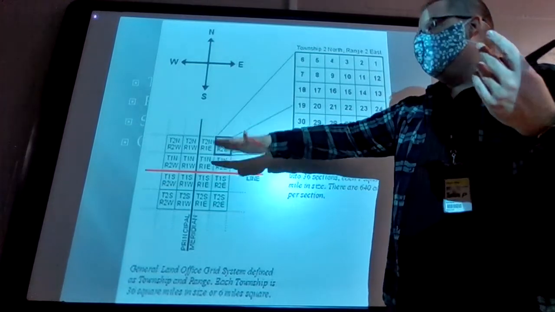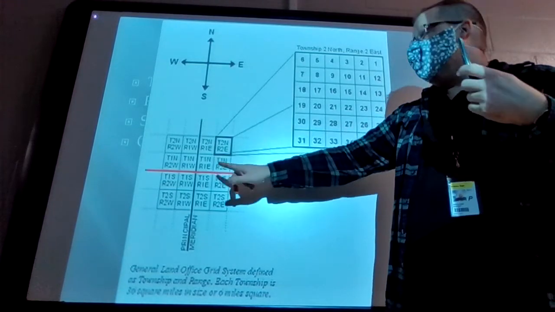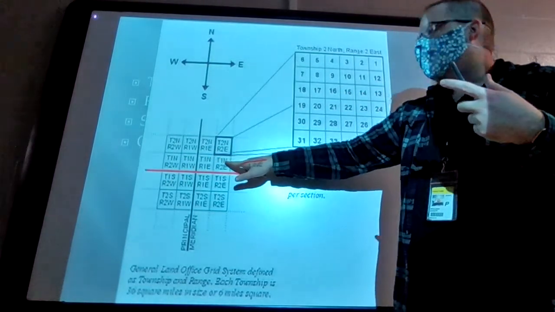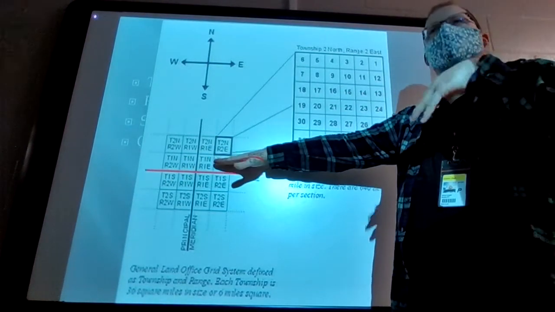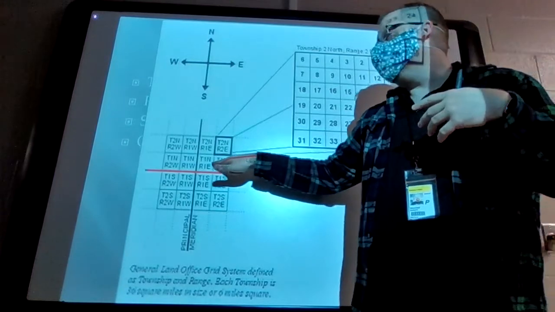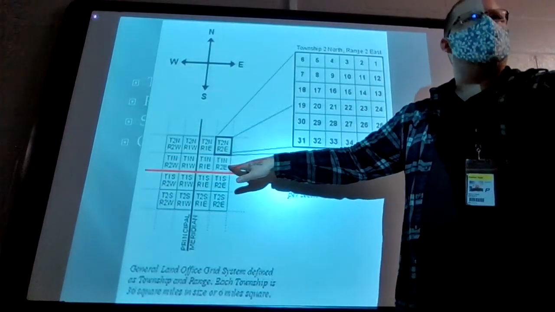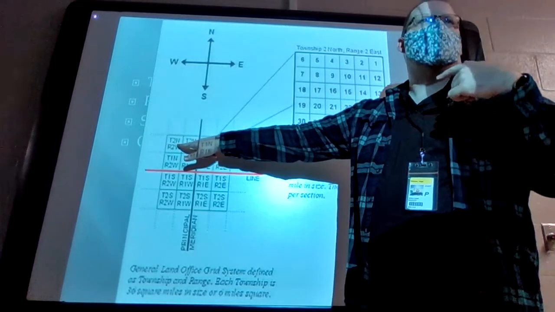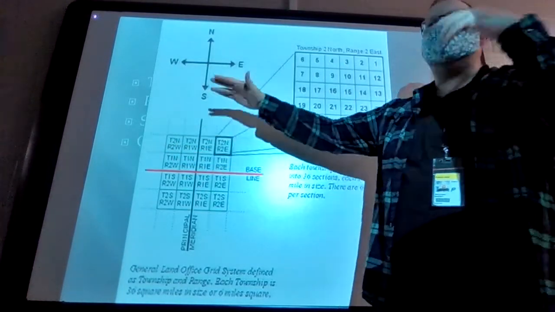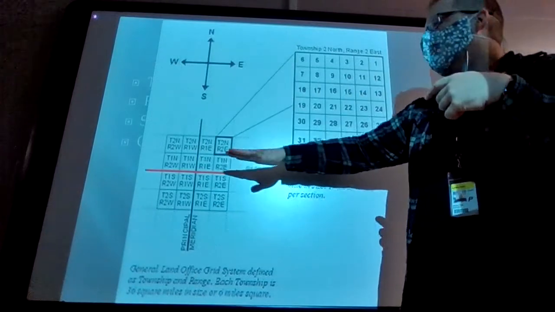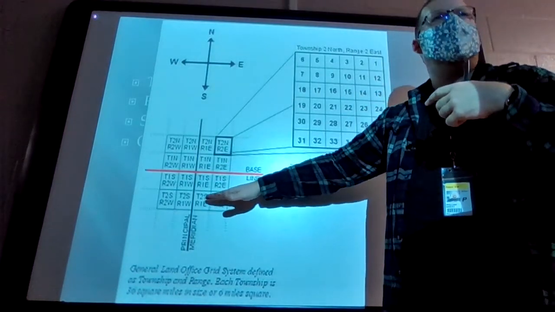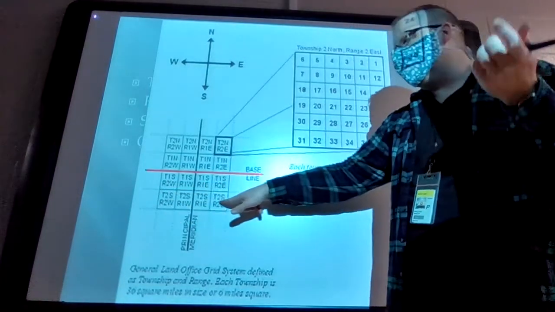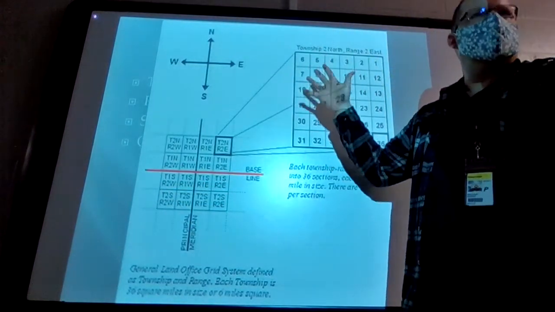So if I go north of the baseline, I get to township 1 north. And you can see that all of these are 1 north. And so I'm going up 1 block, and it's telling me what direction I'm going in that block, north. And if I go up another block, I get to township 2 north. And so I'm literally just counting how many blocks I'm going in that direction. If I go south of the baseline, I get to township 1 south. If I go south again, I get to township 2 south, and it'll just keep going and keep going.